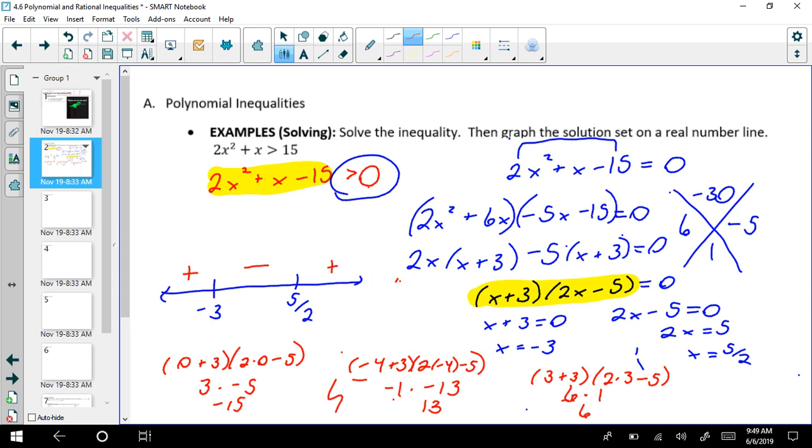We are ready to answer this problem now. Where are my answers? Well, I want the regions that come out greater than 0. The regions that spit out answers greater than 0 are here and here. That's where I was getting positive answers out, answers bigger than 0.